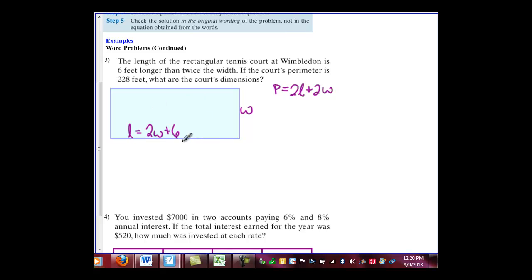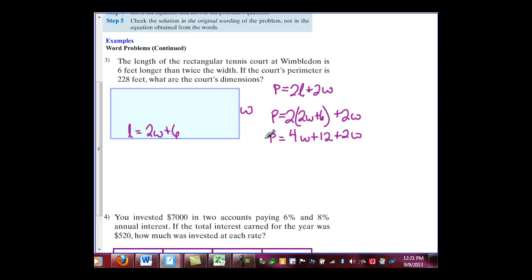The length is that 2w plus 6. So perimeter equals twice, and then instead of the L, we're going to put the 2w plus 6, and then plus 2w. So 4w plus 12, plus the 2w.